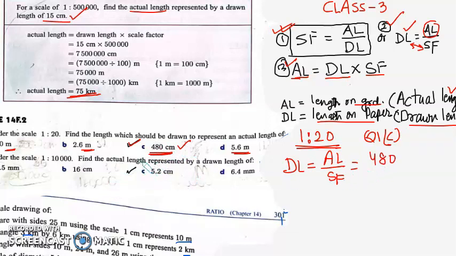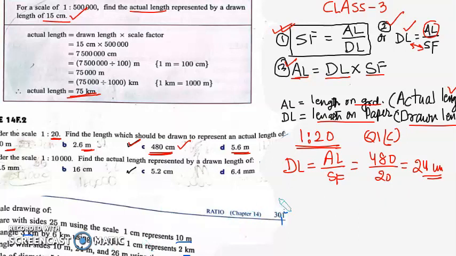It is in centimeter, remember, and the scale factor is given 20. So divided by 20, the scale factor, you get the drawn length 24 centimeters. I hope it is clear.